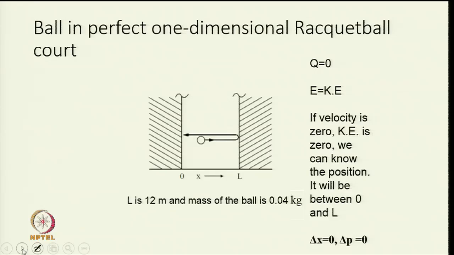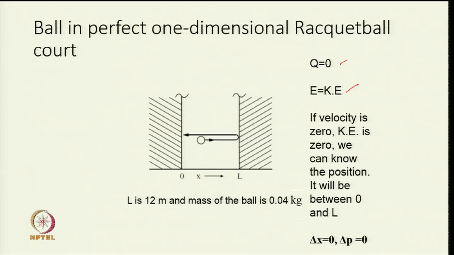Okay. Now let us think of the behavior of the free particle here. Suppose the free particle is here and I push it. It will rebound at this wall, go back, come here again, and go back, and since there is no force acting on it, it will keep on doing this. Since it is a free particle, the potential energy is 0, which means the energy is equal to the kinetic energy.